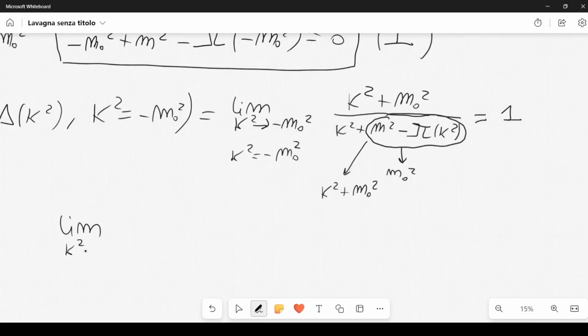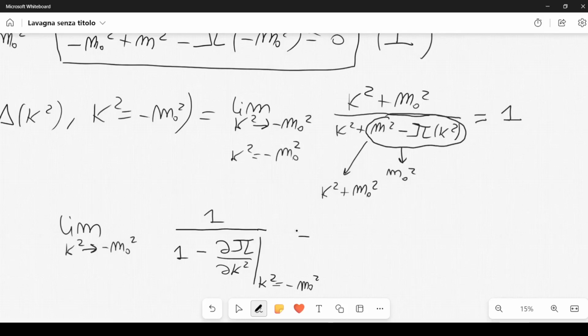So the limit as k squared goes to minus m0 squared, you have 1 divided by 1 minus the derivative of pi with respect to k squared, and of course we have to take this derivative and then we let k squared go to minus m0 squared.